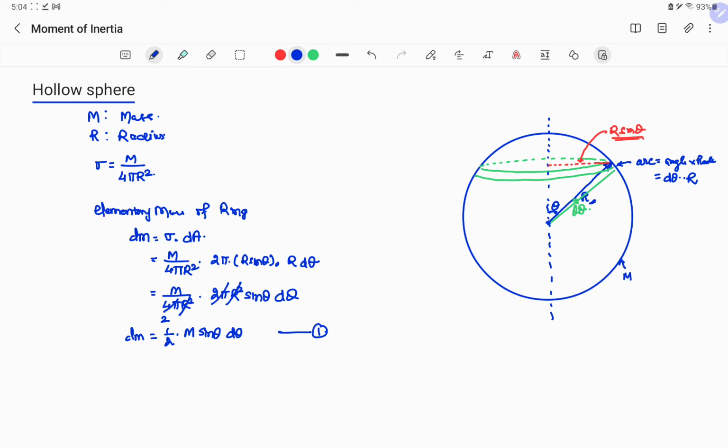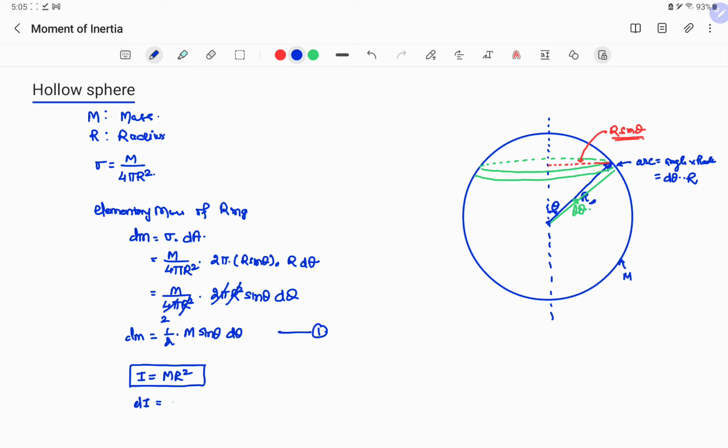We know the formula of the ring for the moment of inertia about its axis through the center and perpendicular to the plane, and this is I equal to m into r square, where m is the mass of the ring and r is the radius of the ring. We will use this formula to find the moment of inertia of this elementary ring about the axis passing through its center, and this will be dI.